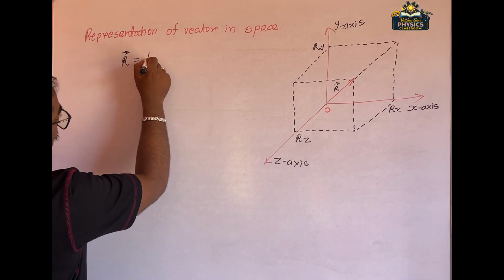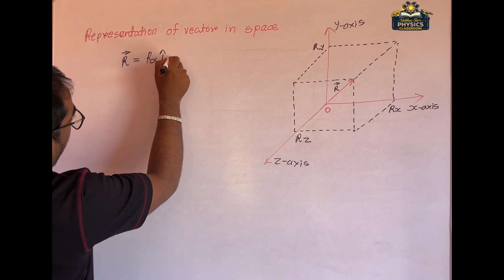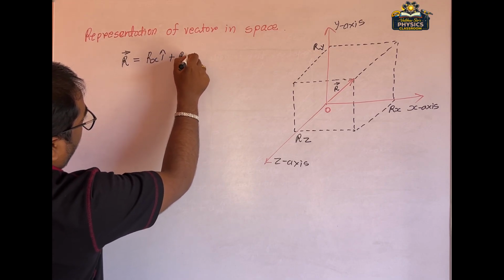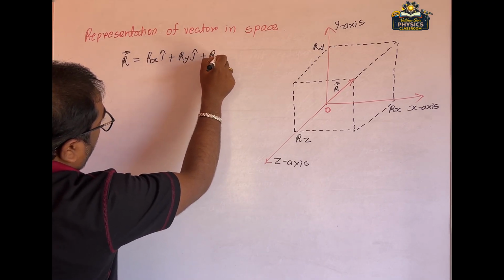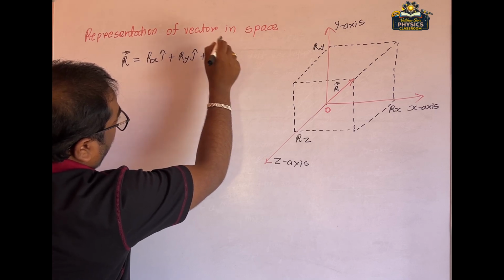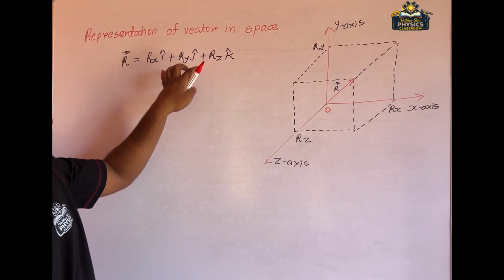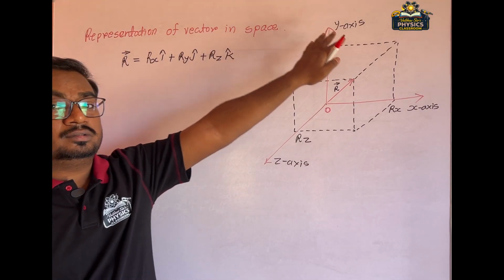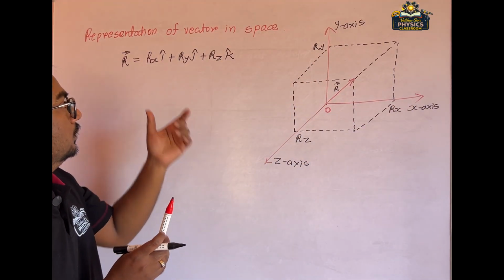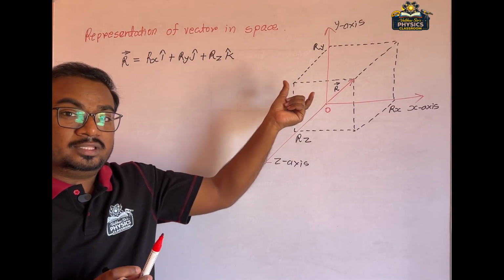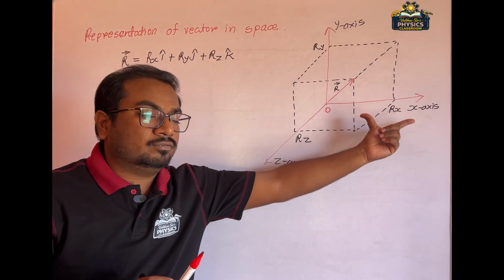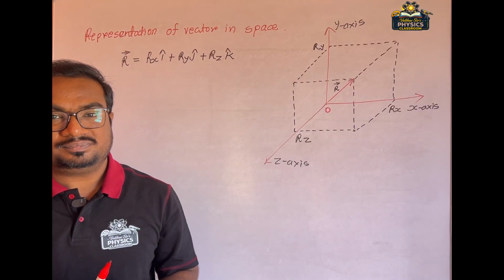So rx i cap plus ry j cap plus rz k cap. Just like that, we can represent the vector in space with the help of the components on the three different axes.